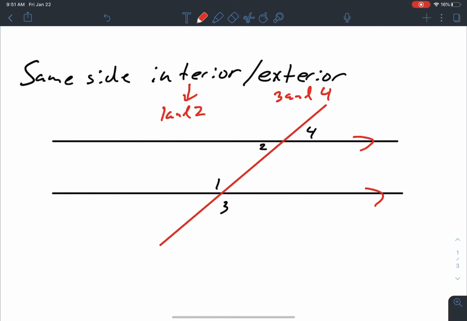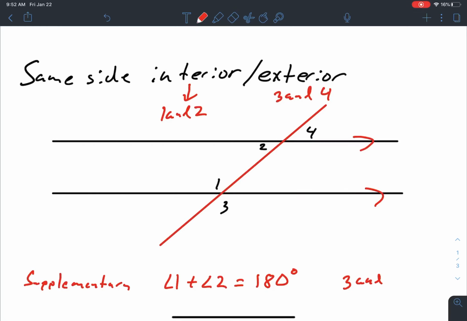This means that the two angles are supplementary, meaning that angle 1 plus angle 2 equals 180 degrees. Same for 3 and 4: angle 3 plus angle 4 equals 180 degrees. Okay, so that's what it means to be same side interior and exterior angles.